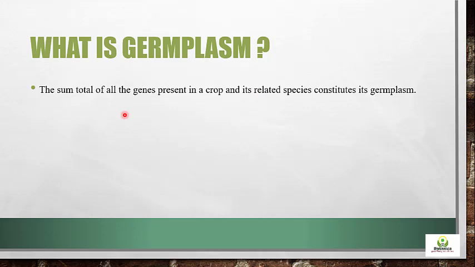So it is not only the genetic material of that particular crop, but we are also going to conserve the genetic material of its related species as well. If, for example, there is a species which is going extinct and we have to conserve it, we are not conserving only the genetic material of that particular species, because for some reason there is a possibility that it may be lost or may not be viable.